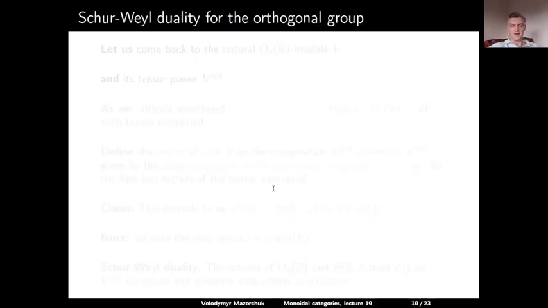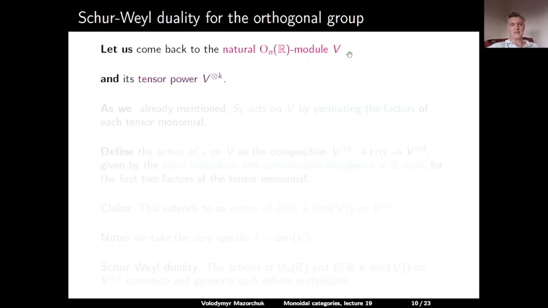And now we can define the Schur-Weyl duality for the orthogonal group. So let's come back to our setup where we have the natural O_N module V and its k-th tensor power V to the tensor power k. As we already mentioned, Sk acts on V to the tensor power k by permuting the factors of each tensor product.